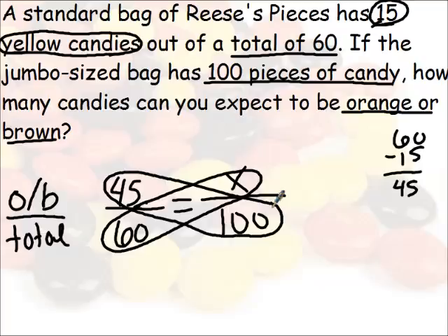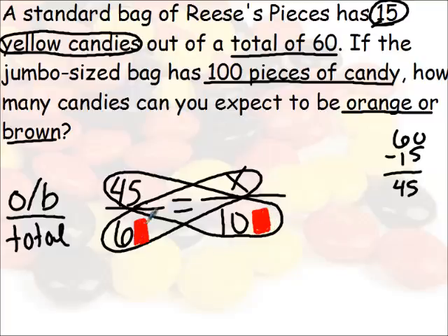You may find it easier to mentally simplify 60 and 100 by 10. If we did that, we would have just 6 and 10 if we divided each of them by 10.